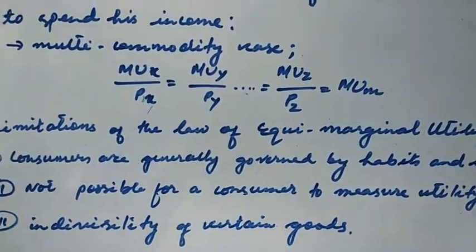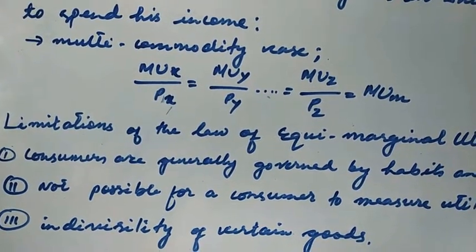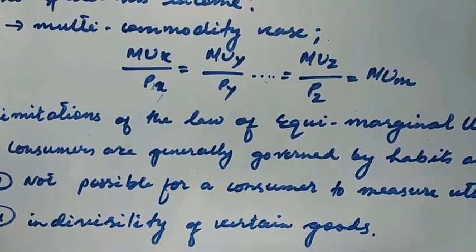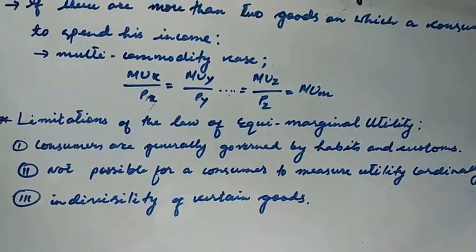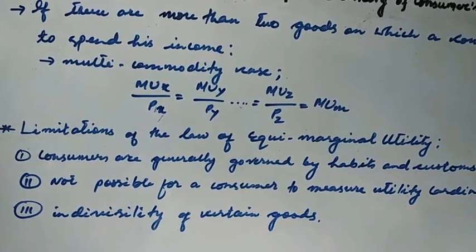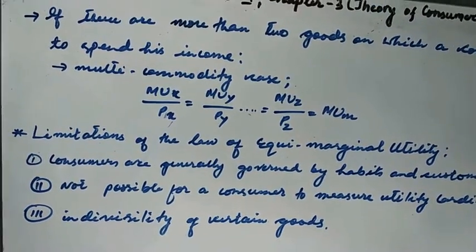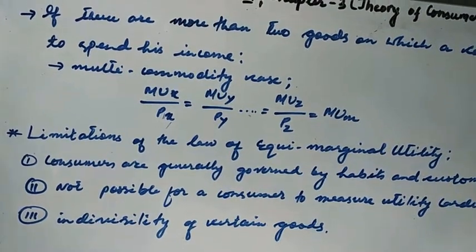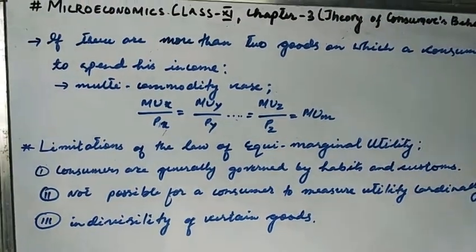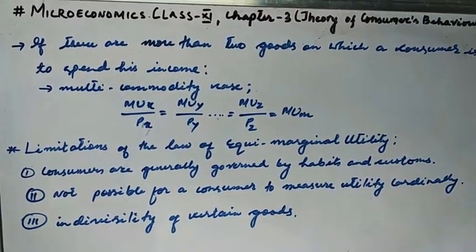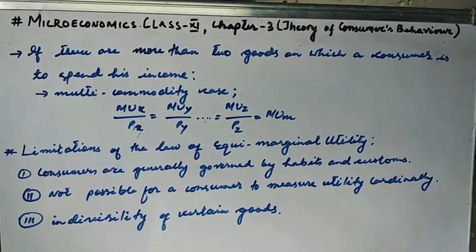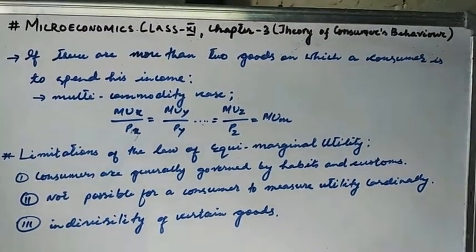Thus, indivisibility of certain goods is a great obstacle in the way of equalization of the marginal utility of a rupee from different commodities, because the utility that you get in buying a car or in buying a rice bag is completely different, and we cannot equate the utility of that money. So these are some of the limitations of equi-marginal utility. And with this, we have come to the end of chapter number 3, that is, theory of consumer's behavior.